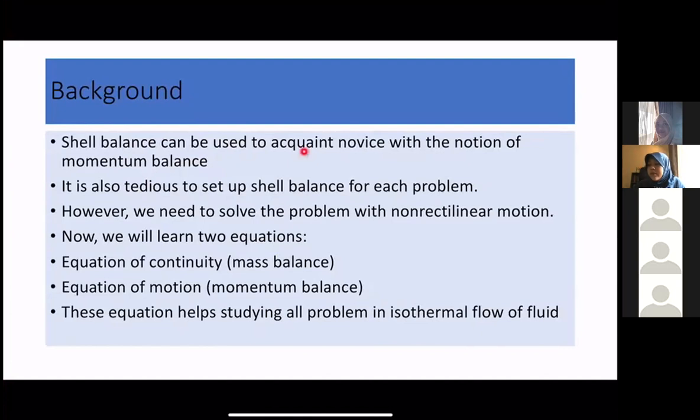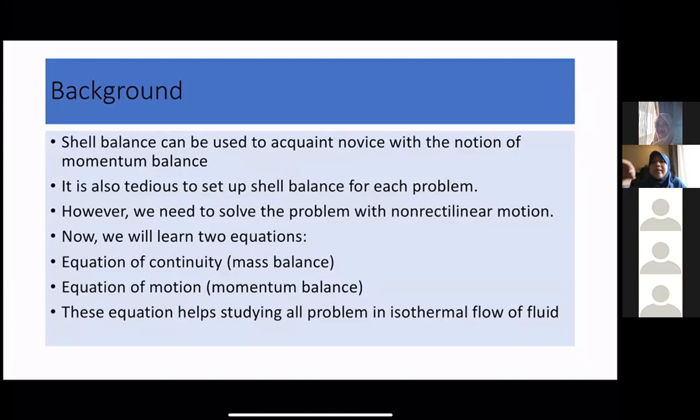Okay, so remember how there are several steps, in my case up to 8 to 9 steps, right? From identifying the coordinate, and then identifying the non-vanishing velocity, and after that you have to make the thin shell, and then check the direction and so on.